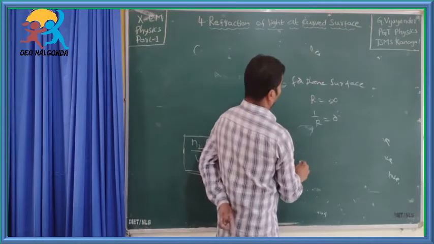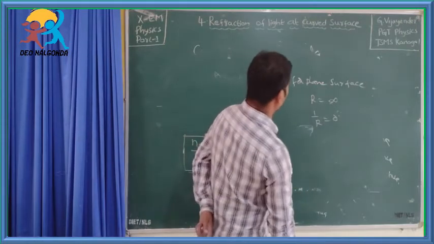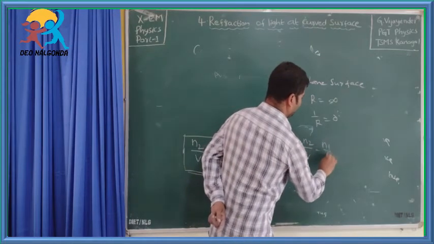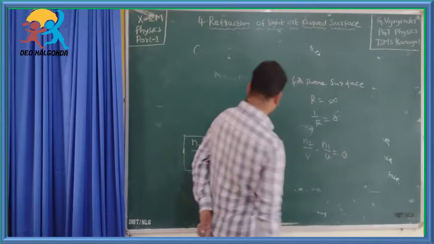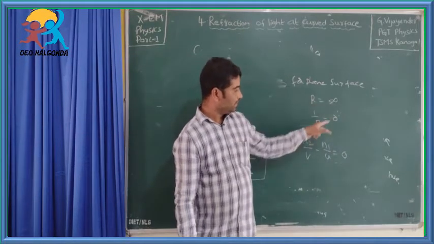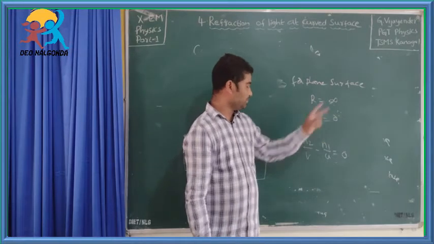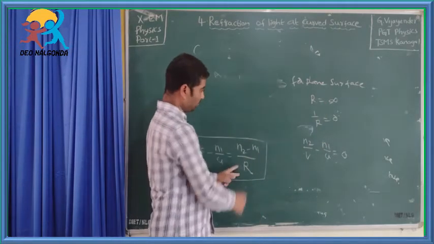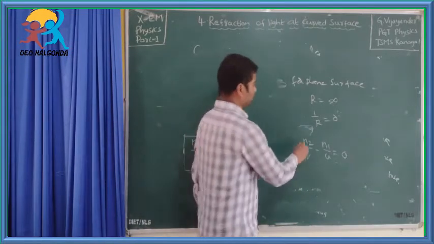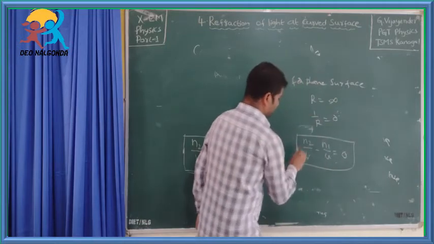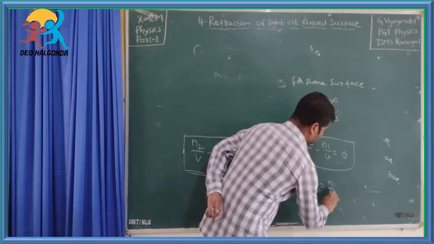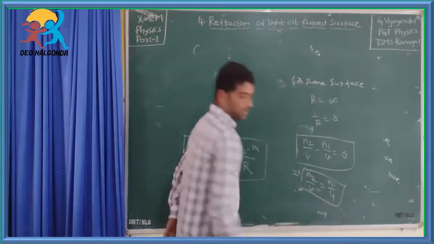The plane surface formula is n2 by v minus n1 by u is equal to 0, because for a plane surface the radius of curvature is infinite and the 1 by r term becomes 0. So the right term is 0. From this we have n2 by v is equal to n1 by u. This is the plane surface formula.